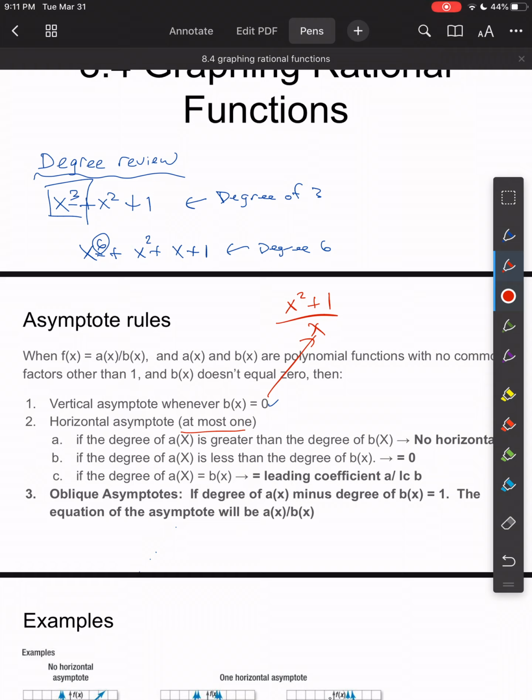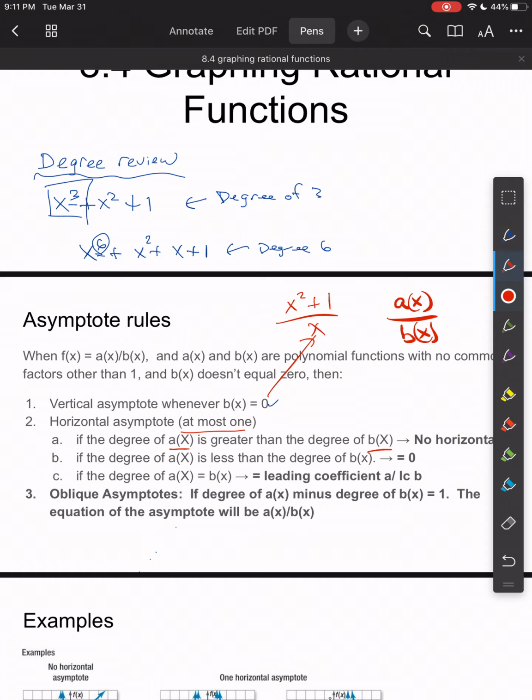I should let you know that how they've defined all of this, when you see A(x) and B(x), essentially they're calling the numerator function A and the denominator function B. So when you see that, that's what they're referring to.